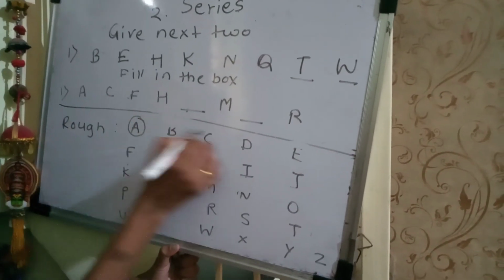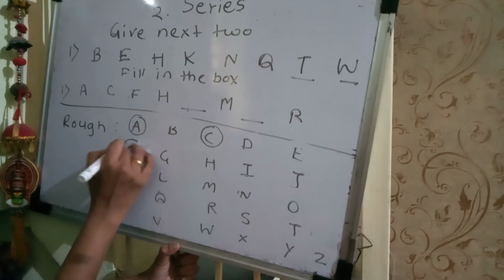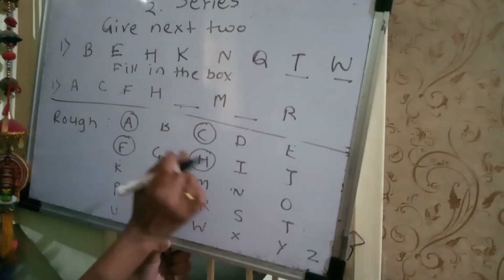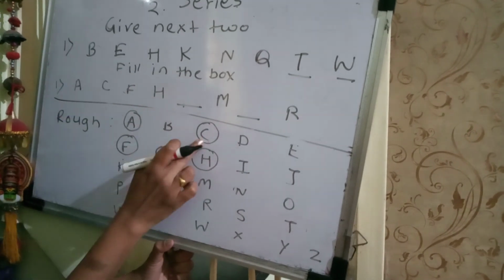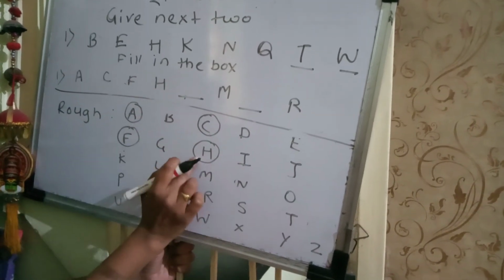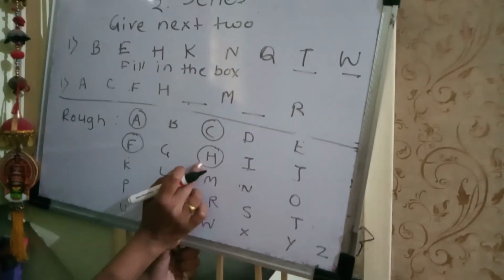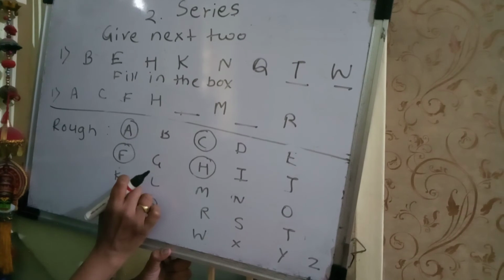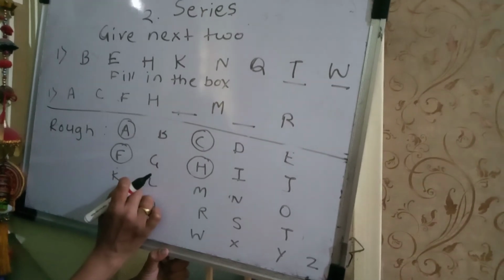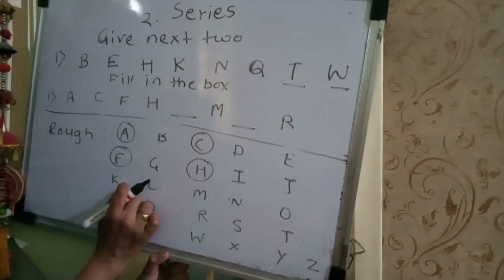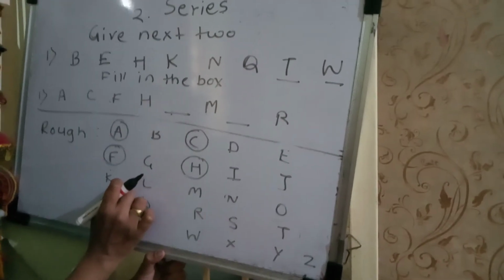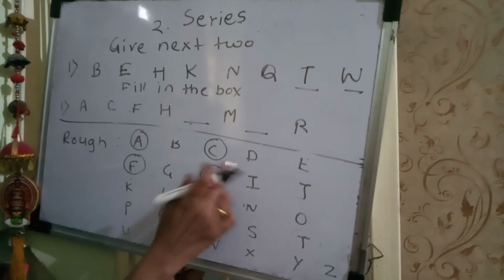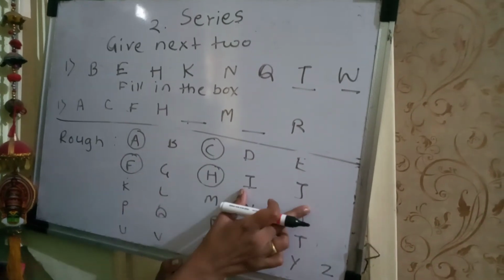A, C, F, H. Okay, now see here. AC, one letter left, then two letters, again one letter, again two letters.